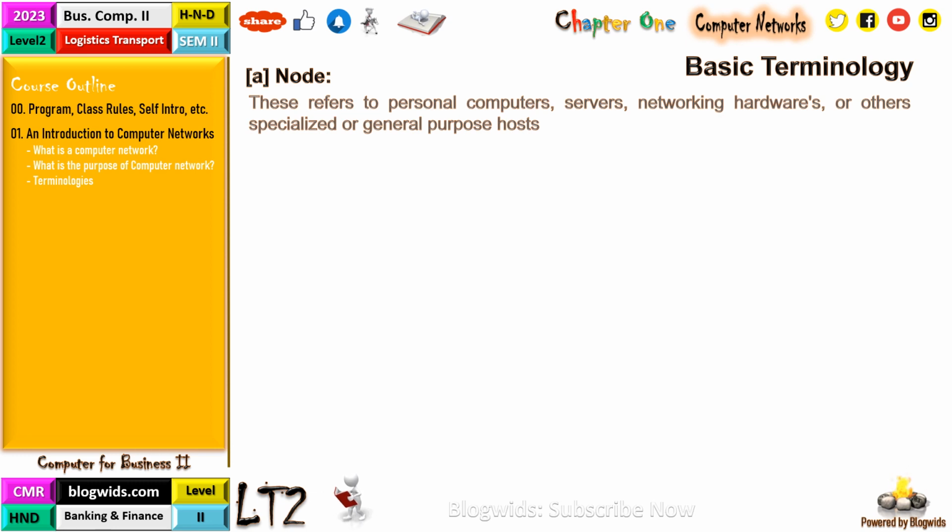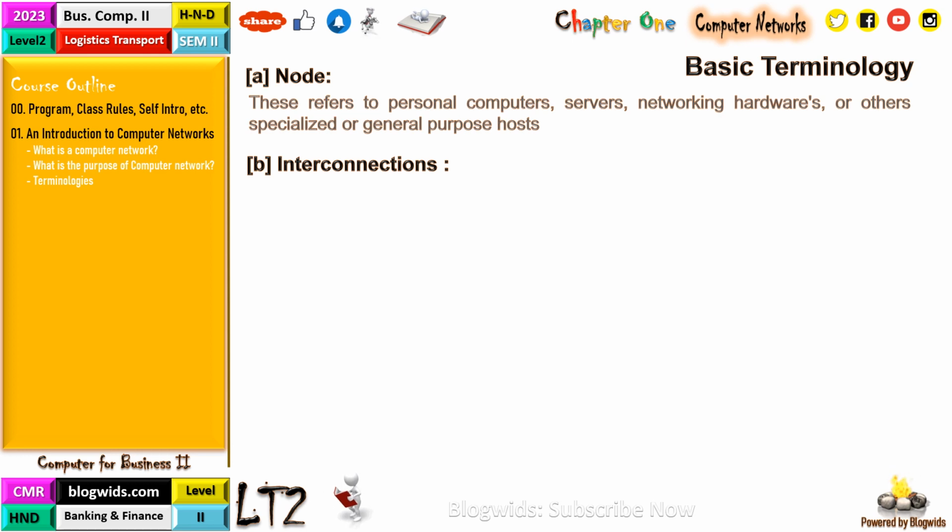So on a network, just like computers are connected, other devices are connected like routers, and a lot more. Each of these forms what you call a node. And these nodes could be personal computers, servers, networking hardware, or other specialized equipment or general purpose hosts.